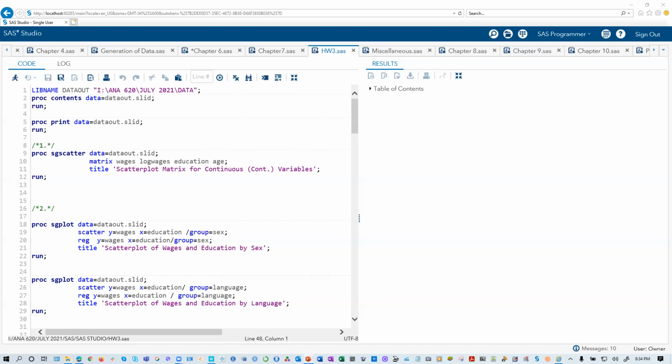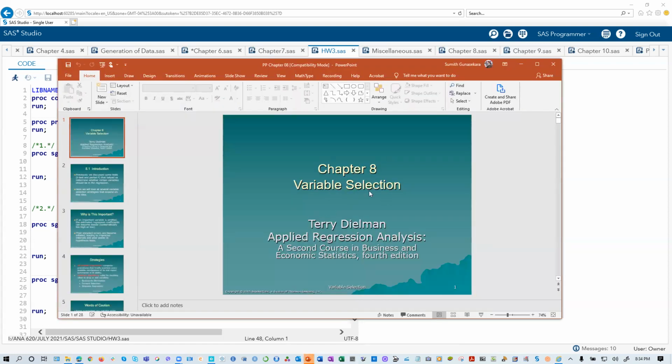Variable selection, which variable to be selected. There are so many procedures for us to select the variables. Mainly, we can talk about forward selection, backward selection, stepwise selection, those kinds of things.